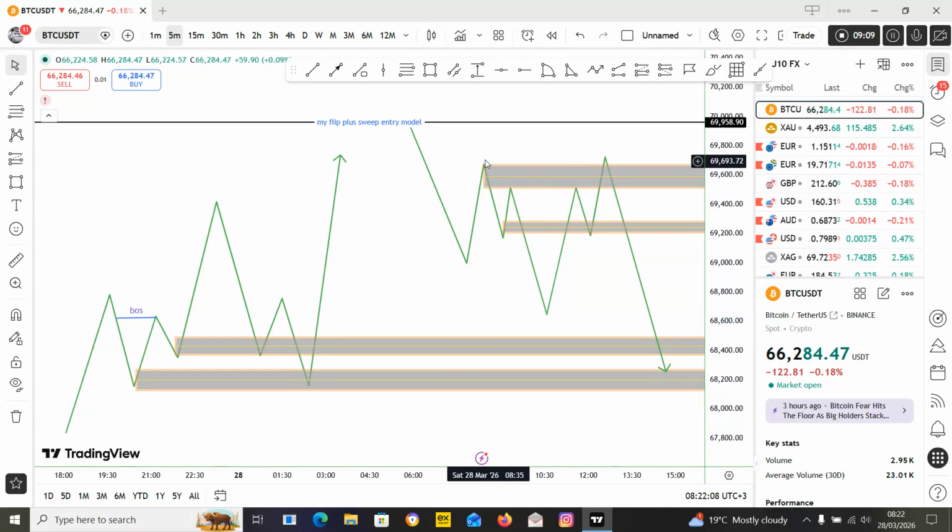So as you see, price was coming down, then it started retracing and it gave us a breakout structure here, confirming to us that we have a supply zone here, and then started dropping even further.